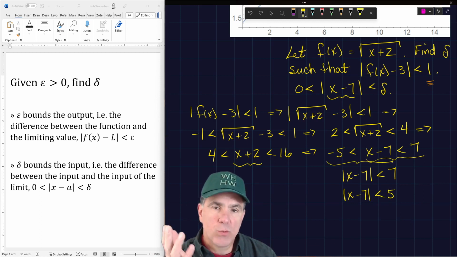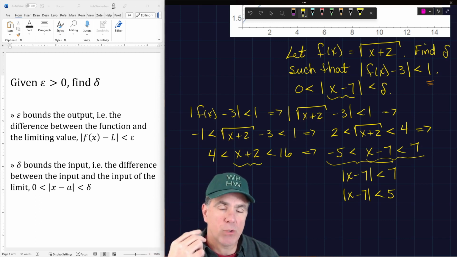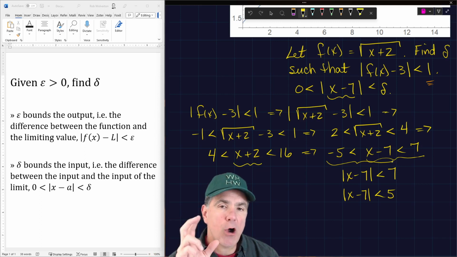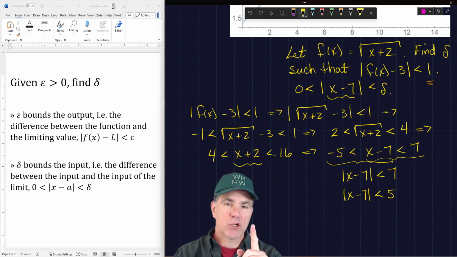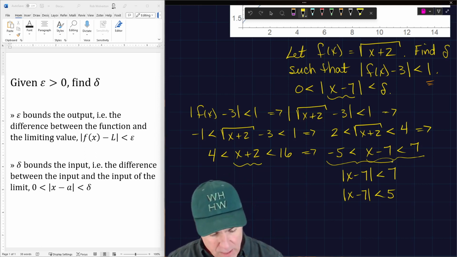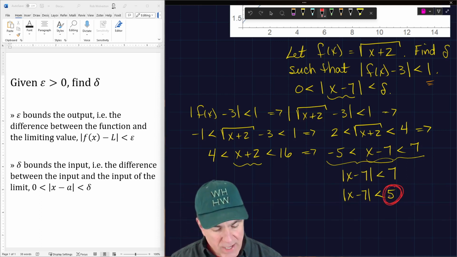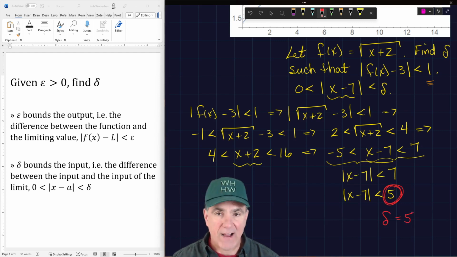And the question is, which of these do I want? Is my delta value equal to 5 or is it equal to 7? So it turns out I always pick the smallest number. Delta is going to be the minimum value that I find, and I'll show you why that is in the graphic. But bottom line is, this is my delta value. So my answer to this is delta equals 5.